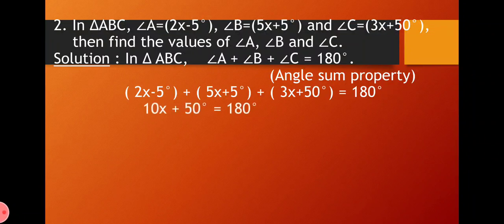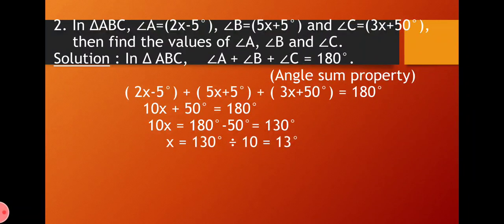Further solving, we get 10x plus 50 degree equal to 180 degree. That is 10x equal to 180 degree minus 50 degree, that will be equal to 130 degree. Therefore x will be equal to 130 degree divided by 10, that is equal to 13 degree. This is the value of x.